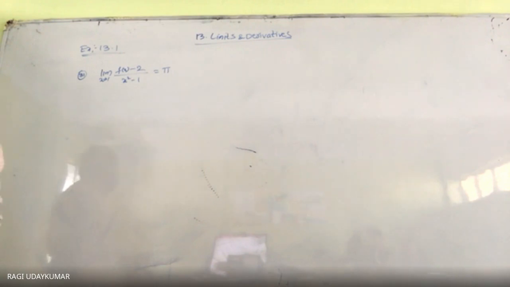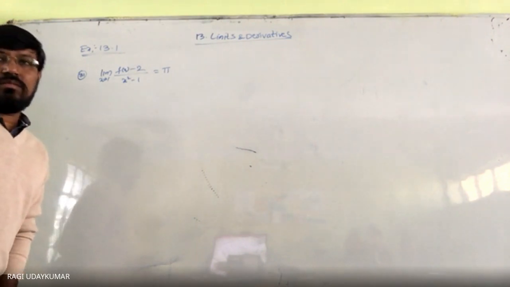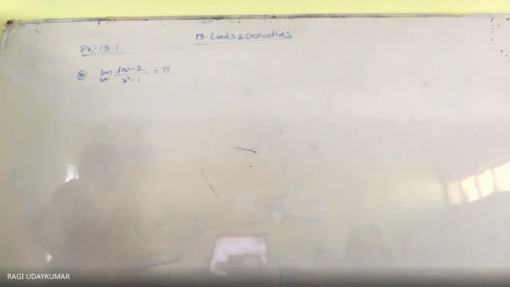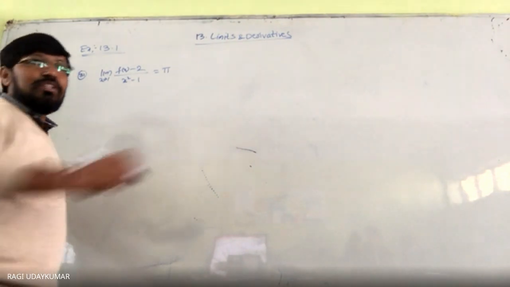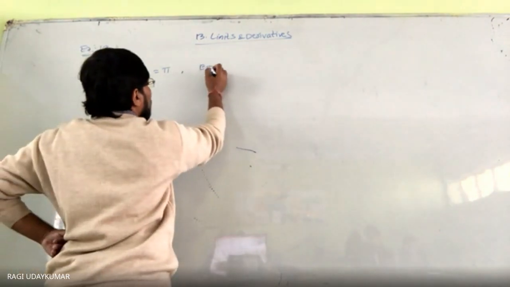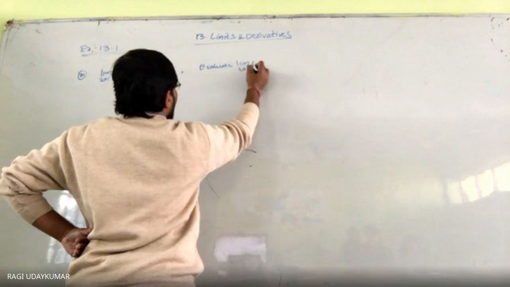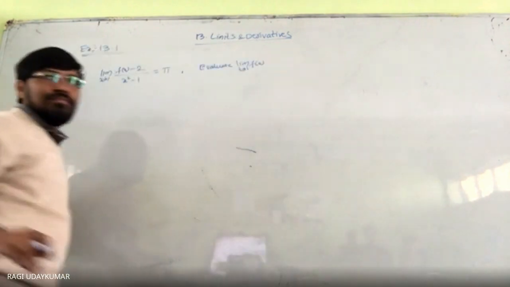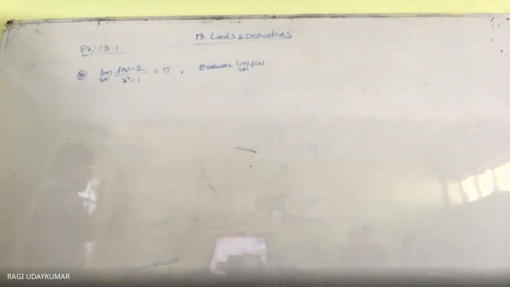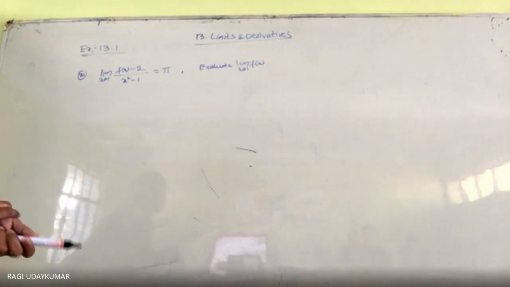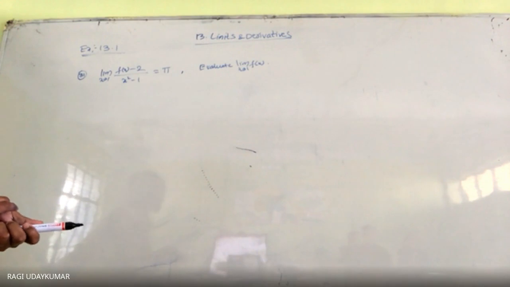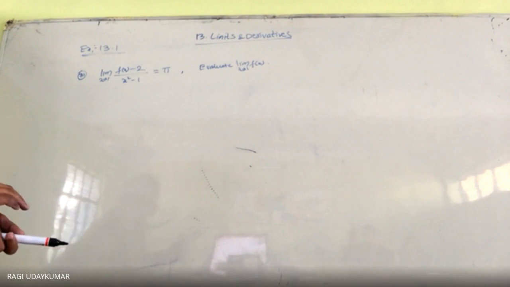You need to evaluate limit x tends to 1 of f of x. This is given and it is asking you to evaluate it. Think a little, we have time. What to do? We can take the limit x tends to 1 in the numerator and also in the denominator.